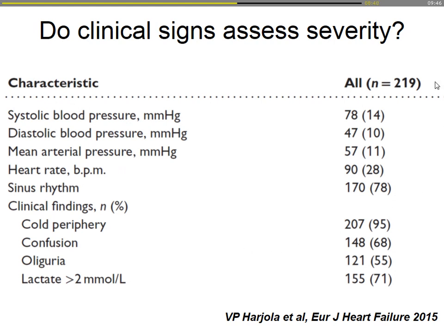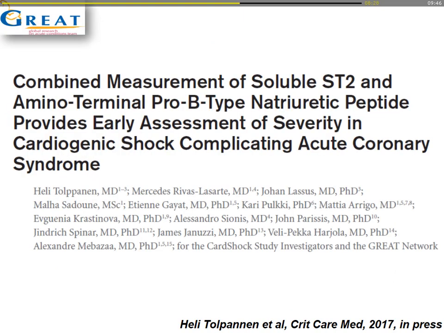Again, on those patients, and I'm sure you share all those clinical data with me, it's impossible to say, with such a low systolic blood pressure, diastolic blood pressure, heart rate, lactate, which one will survive and which one will not survive.